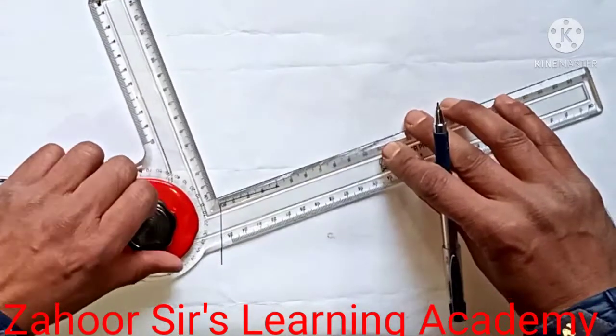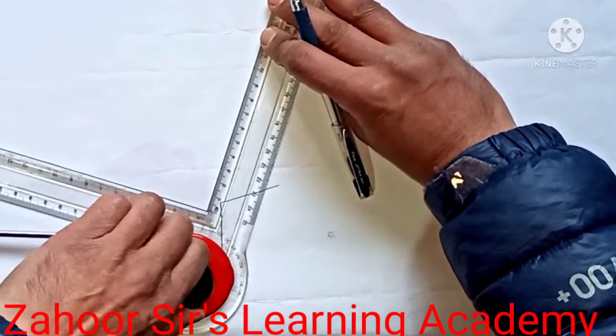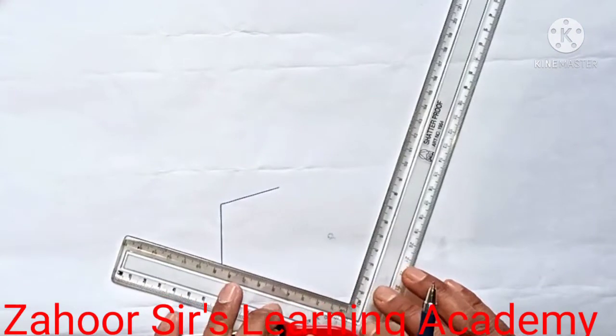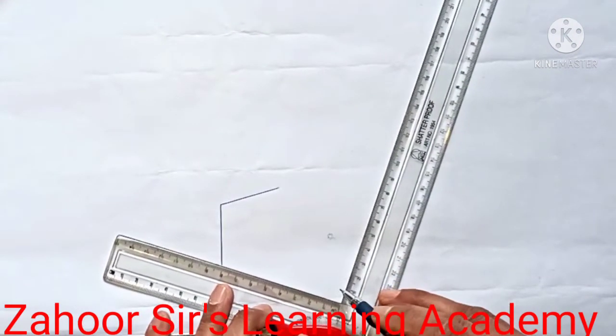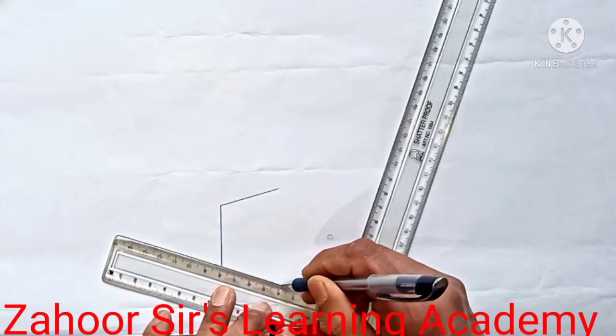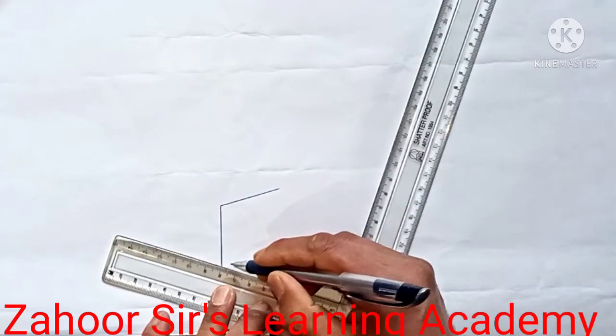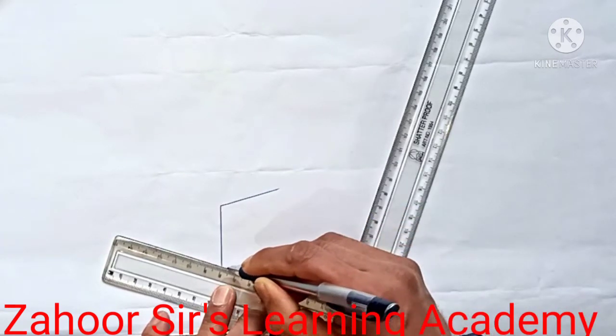Now I will rotate the mini drafter scale at 72 degrees, the exterior angle, and draw the next side, which is 40. Now connecting these two.